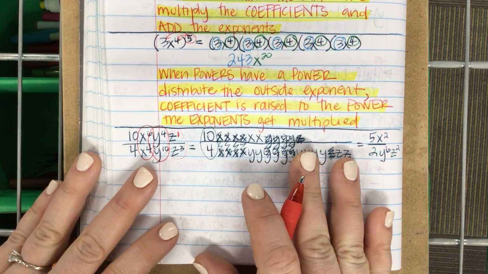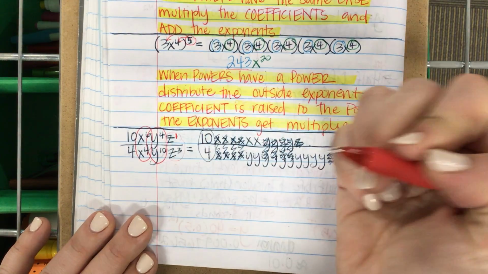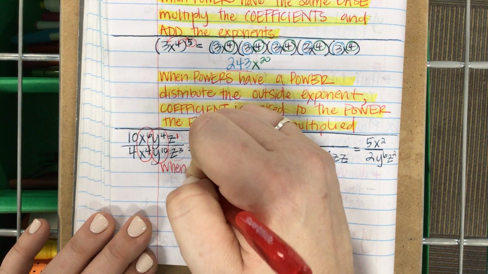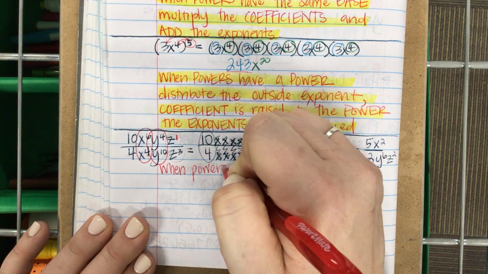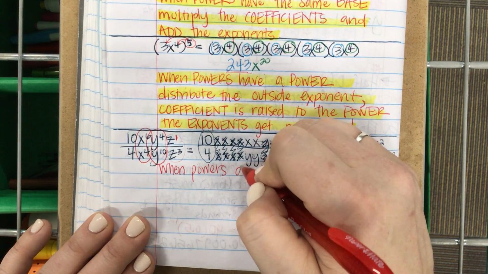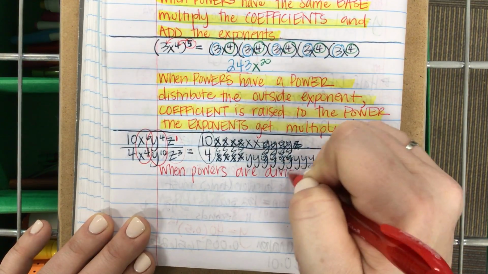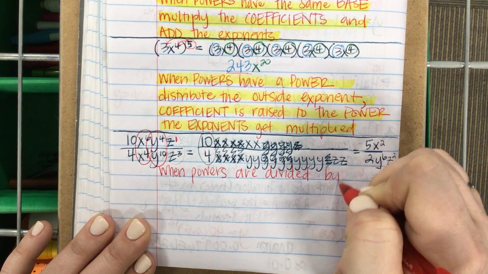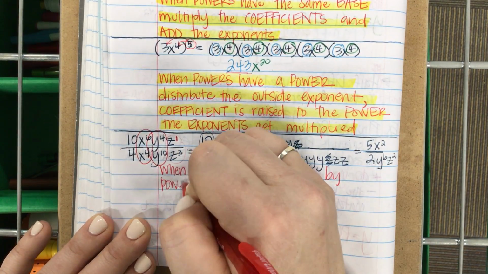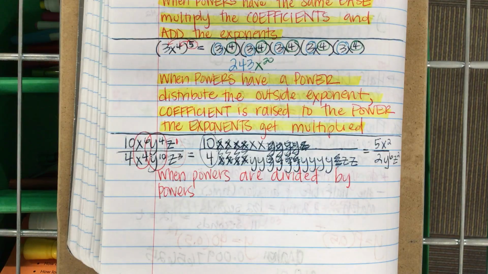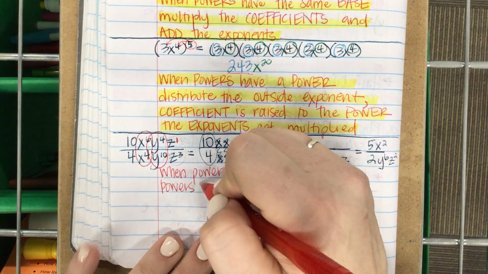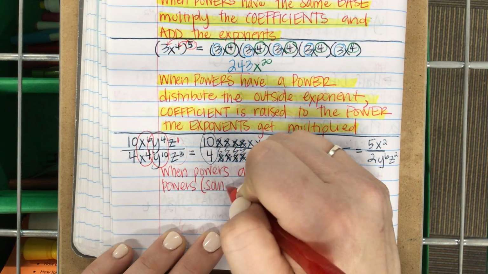So our shortcut rule for division is when powers are divided by powers, and we have to do the same base, right?